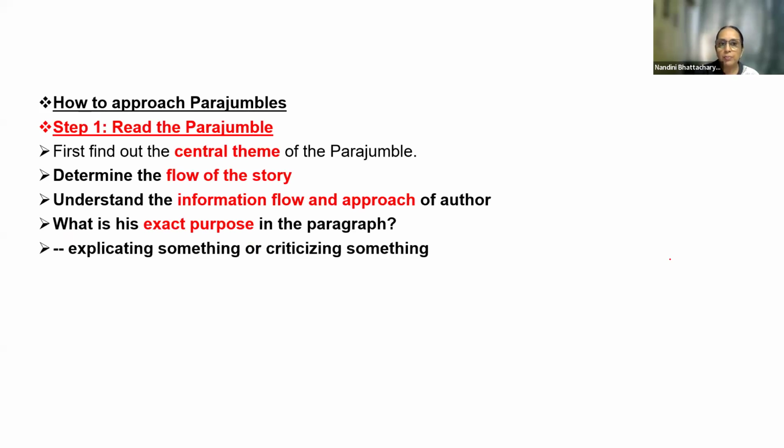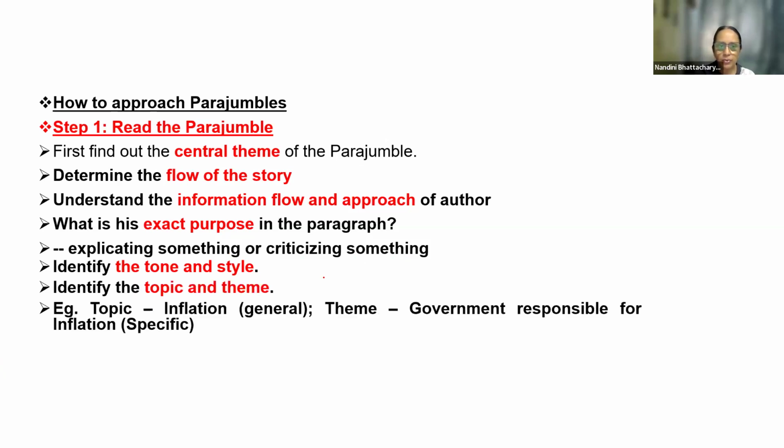The purpose of the paragraph is important: what is it about? Another thing is whether it is explaining something or criticizing something. Those are the clues we are looking at. The other clues come from the tone and style, whether it's a negative tone or a positive tone.